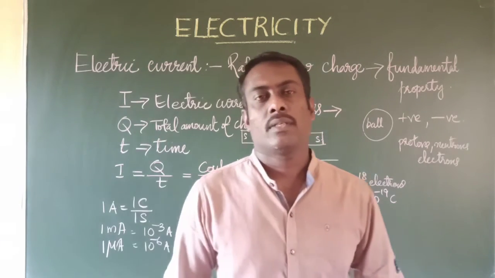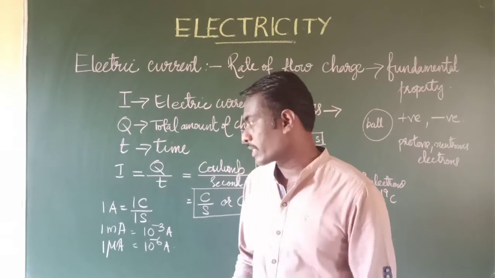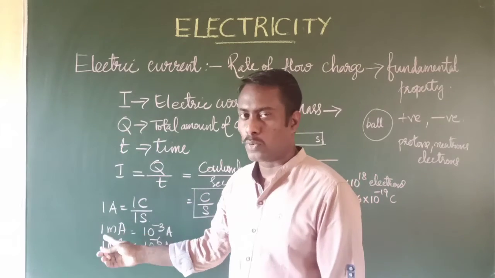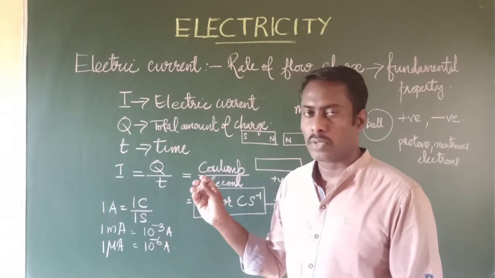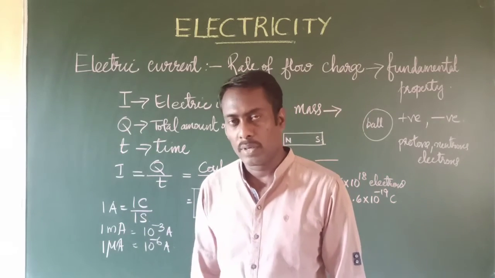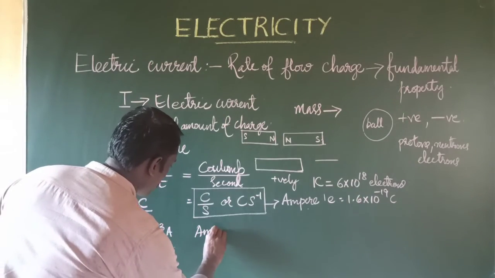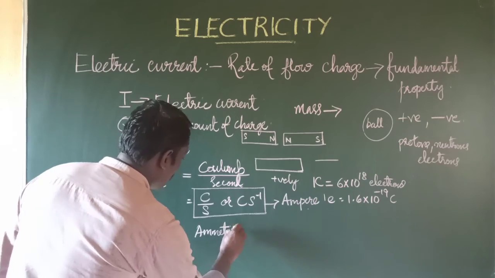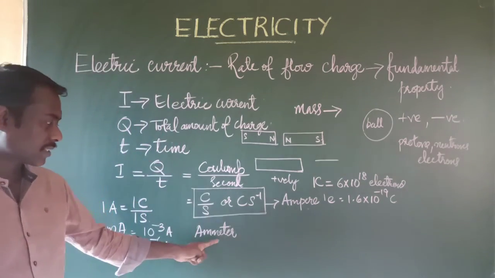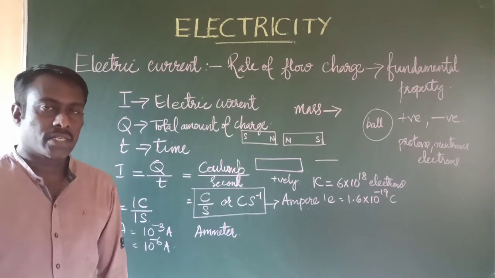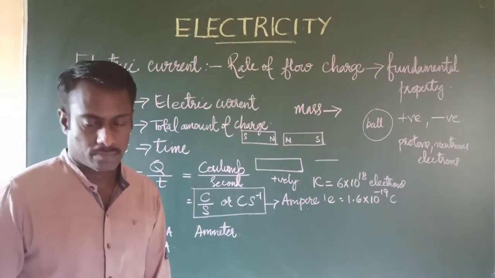An instrument used to measure the current flowing through a body or a circuit is known as an ammeter. An ammeter is used to measure the electric current flowing through a circuit.